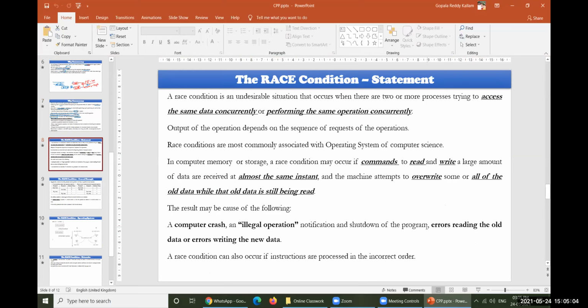Race condition is one of the very important concepts of operating systems, networks, database management systems, very, very important. Of course, in logic gates also, it's very important.